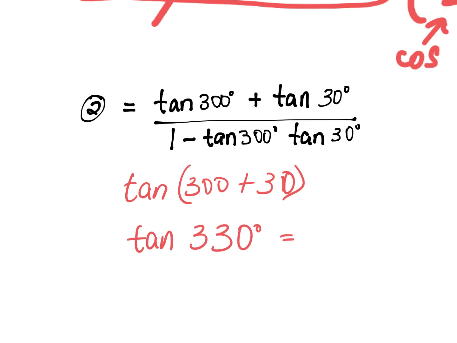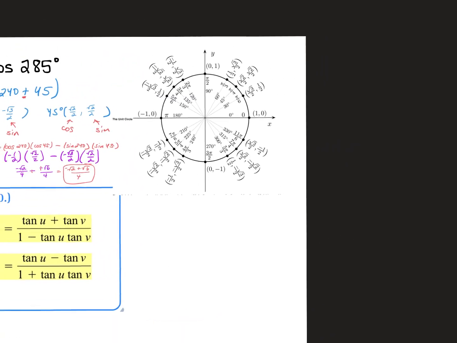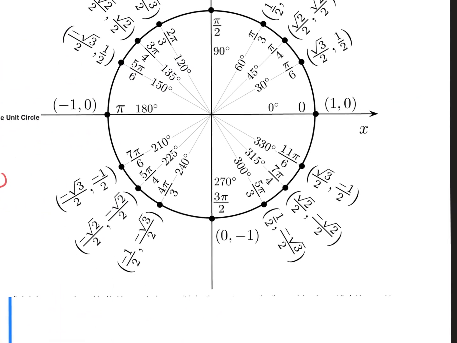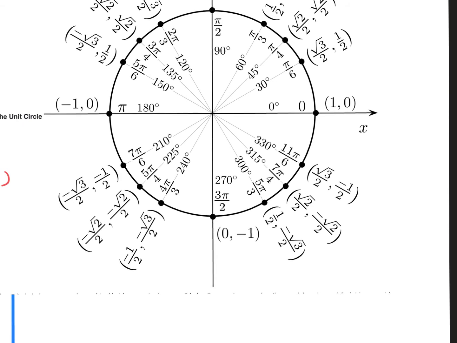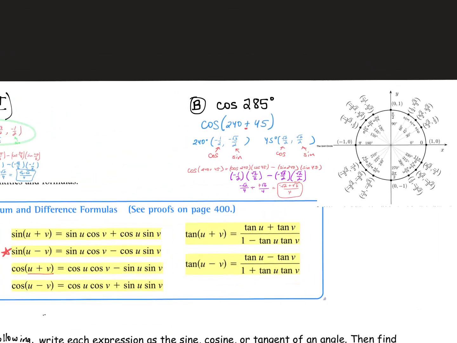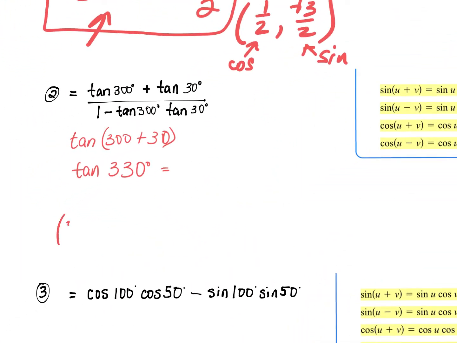So that means I go now to the unit circle, and I say, where's 330? What's my ordered pair? Square root of 3 over 2 and negative 1/2. So my ordered pair is the square root of 3 over 2 and negative 1/2. Now remind me again, what is tangent? Y over x, right? So my y value is negative 1/2 divided by the x value, which is root 3 over 2.